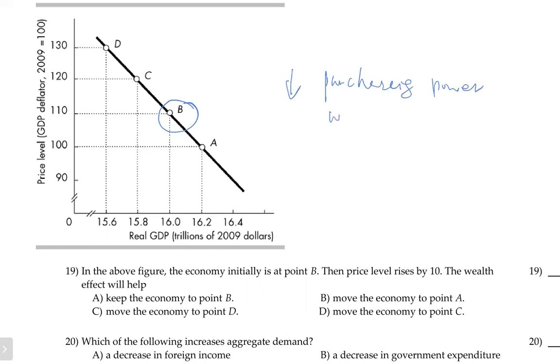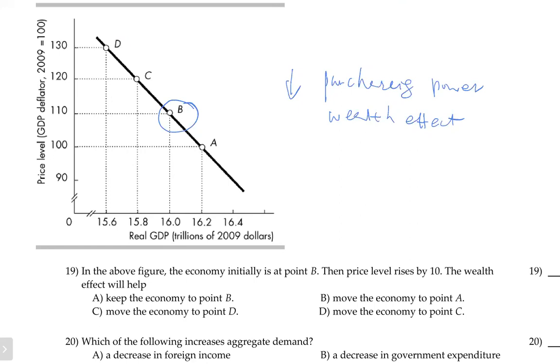Okay, so it is going to have a Wells effect. However, remember in class we discussed the Wells effect. This Wells effect is caused by price change. It is not caused by other things, for example, market collapse or a housing market crash.